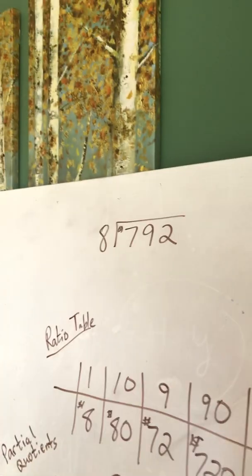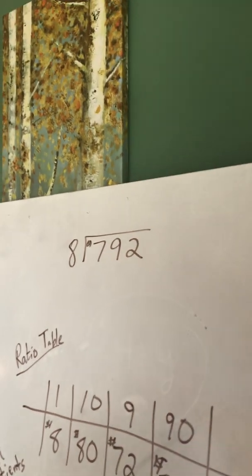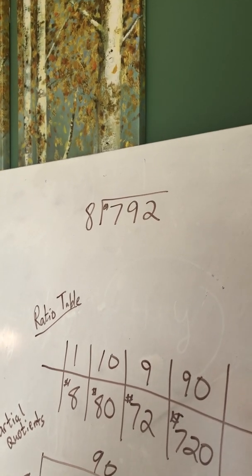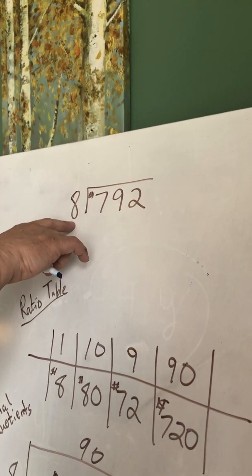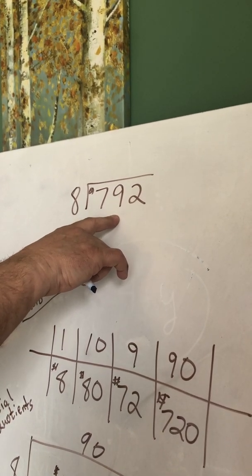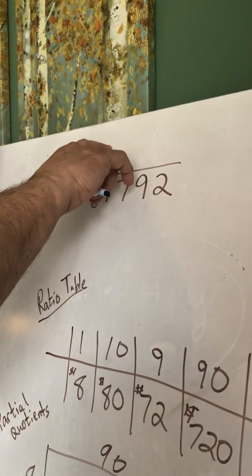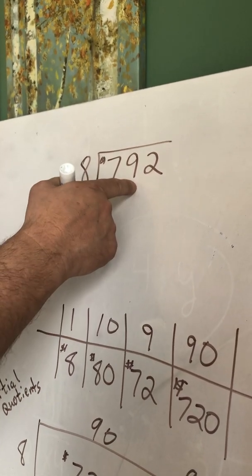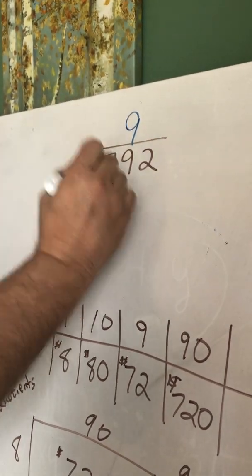All right. Here, because I want to slow down a little bit, I want to show you what was in the teacher's guide. If we go back to 8 people dividing $792, here's the algorithm. 8 won't go into 7, but 8 will go into 79 9 times. 9 times 8 is 72.